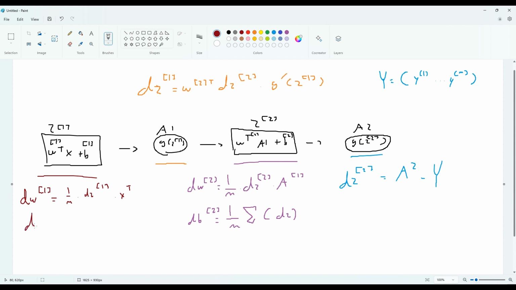And then the derivative of our b1 is going to be 1 over m times the sum of all of our derivative of z's. So we went completely backwards. Boom, boom, boom, boom.